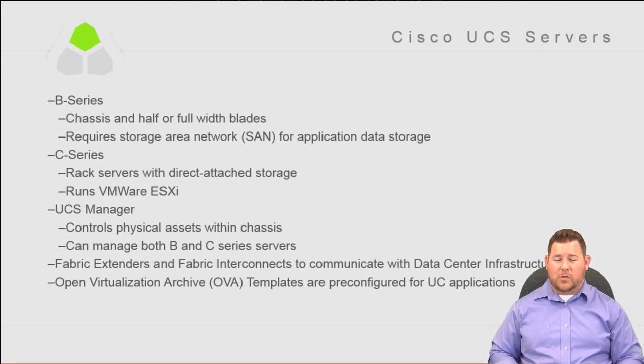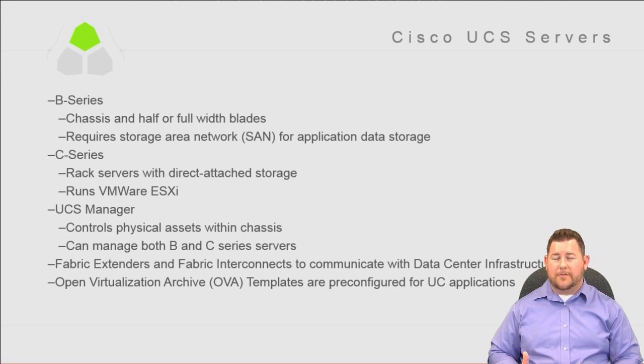And then one requires the storage area network for the application data storage. This is an important point. You can get blades with local storage on them, meaning a local hard drive attached to the blade. But in a data center environment, you're probably going to have a storage area network configured anyway.